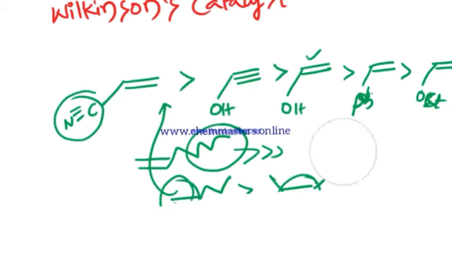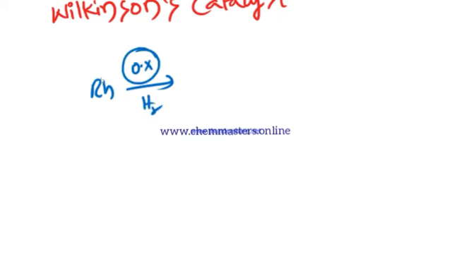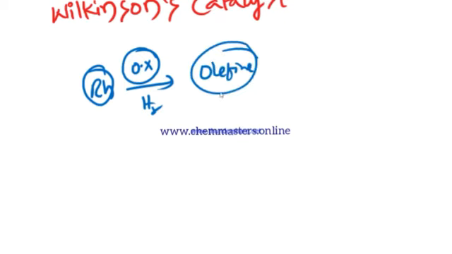Now we need to look at the general mechanism of Wilkinson's catalysis. The first step is oxidative addition of H2 onto the rhodium of Wilkinson's catalyst, followed by olefin coordination with the rhodium metal.